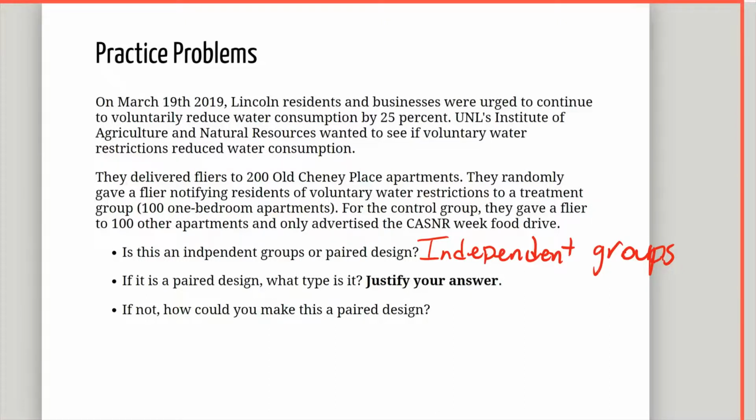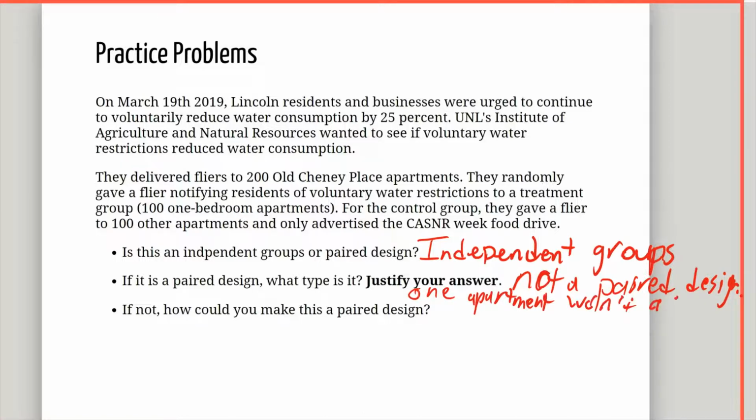If it is a paired design, what type is it? Well, it's not a paired design. One apartment won't affect how another will use water.